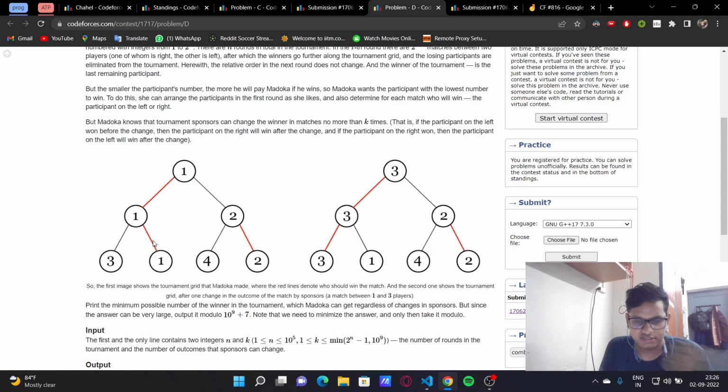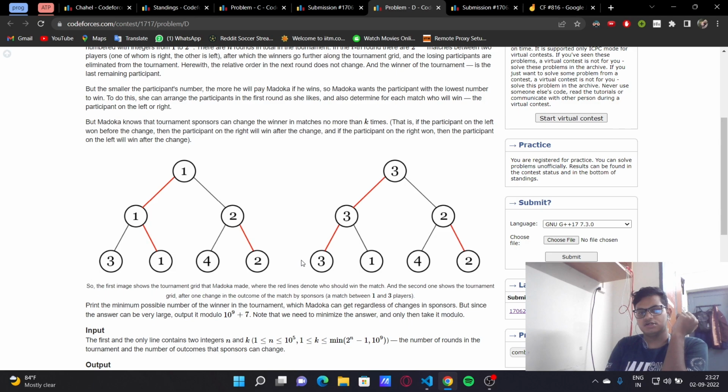But then the organizers don't want you to win, so they'll try to rearrange. They can change the result of k matches out of all the matches that you have planned. So these n and k are your only inputs, and you need to find out the answer, basically the maximum index that will be the winner.